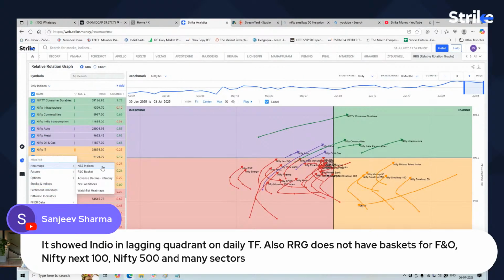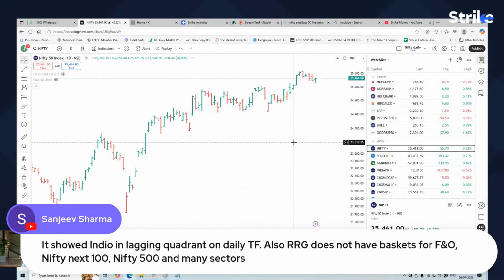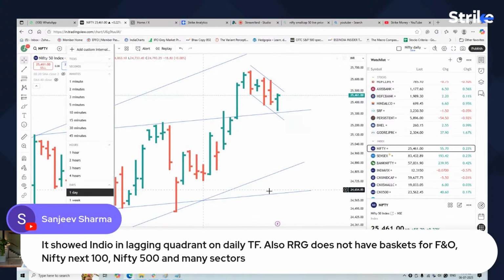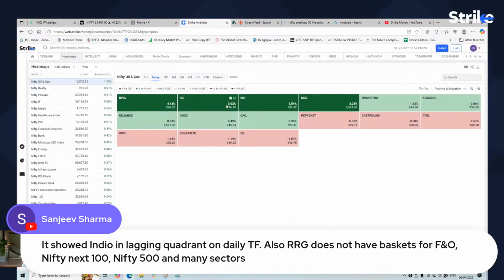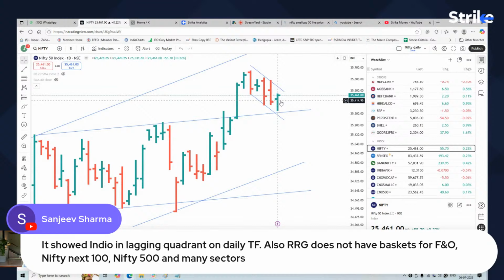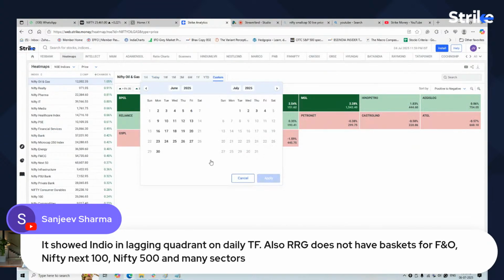If we go to the heat map, right now, say for example, Nifty index has been in this corrective phase for the last, say, from 27. Now I just simply want to scan from 27 to 4 July, which are the outperformers and underperformers.